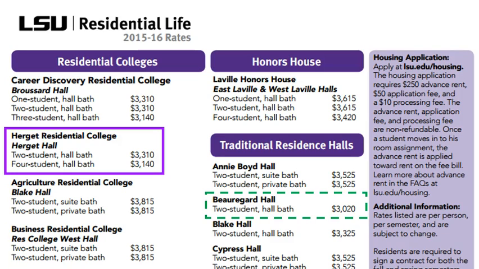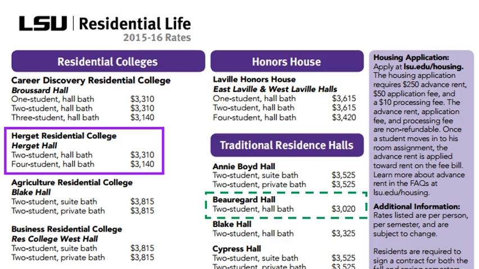So if you were at a residential college, you would be paying higher, and for LSU, a residential college is where students have the same major. Like for instance, you will see it says career discovery. I'm not sure what that is, but I know for the agricultural residential college, basically everyone in that dorm is an agriculture major.